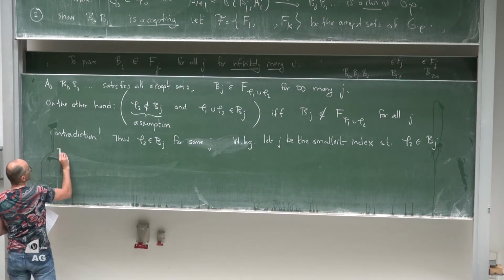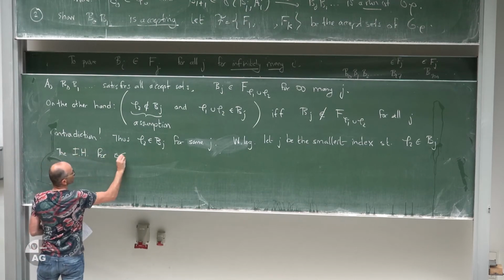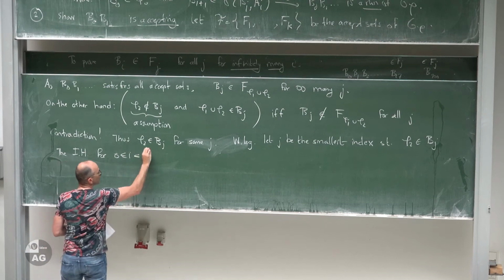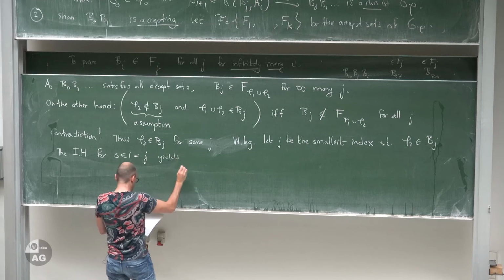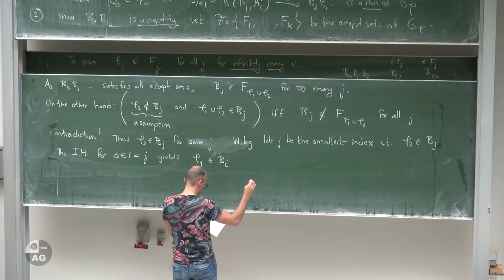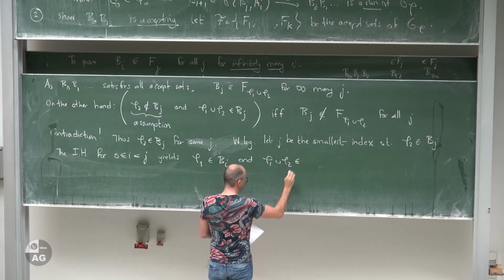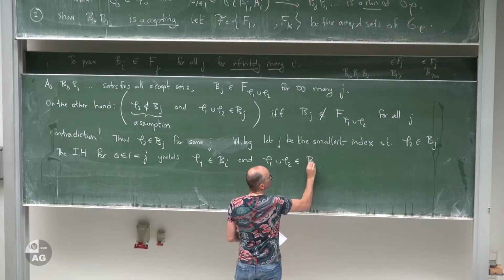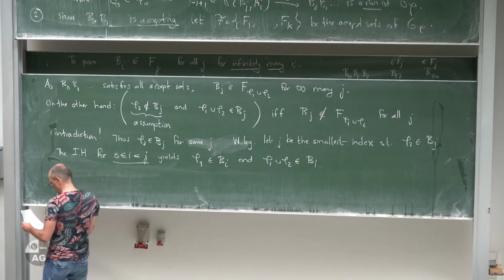Then the induction hypothesis for all the positions up to j yields that phi1 belongs to Bi and phi1 until phi2 belongs to Bi. No, for all these i's.